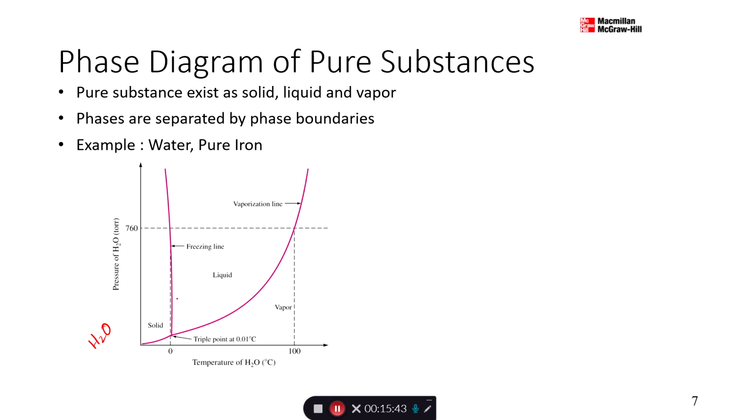This is specific to water. Okay, and of course, if we increase the pressure, the line will slightly be different. And let's say we fix the pressure at atmospheric pressure, you get a solid at 0 degrees. Slightly after 0, it will be liquid.